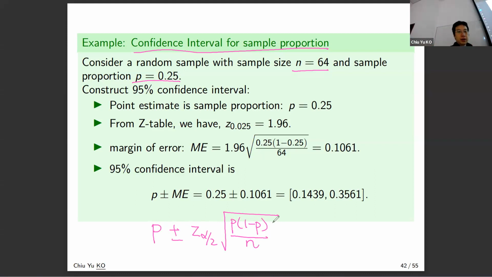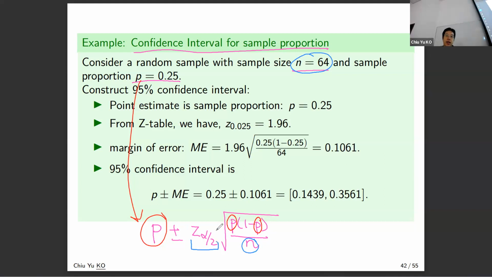And you can easily see that P is already there, coming from there, P is also here, P is also here. So almost done. N is almost done as well, right? N is 64 here, right? So what's left is this guy.